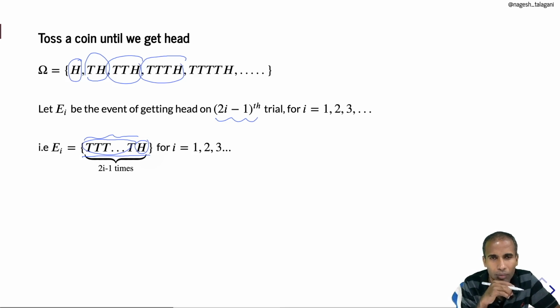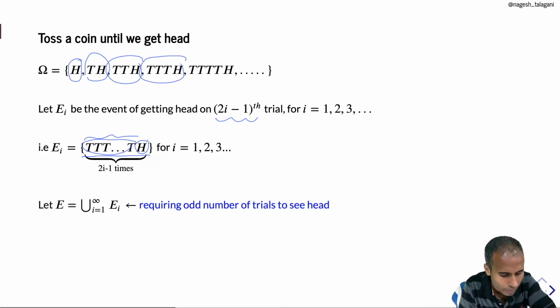We may require any number of trials to see a head, right? Now what if I am interested in the event of requiring an odd number of trials to see a head? That can be described like this: E is the union of Ei for i equal to 1 to infinity. This event happening means at least one of the events happening.